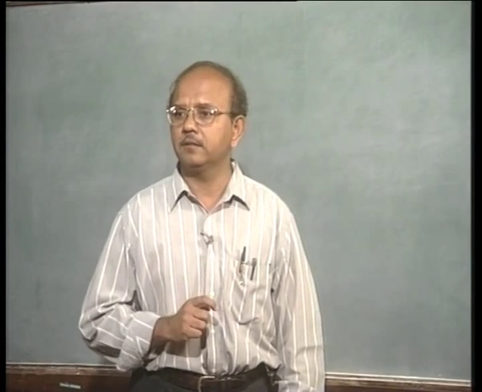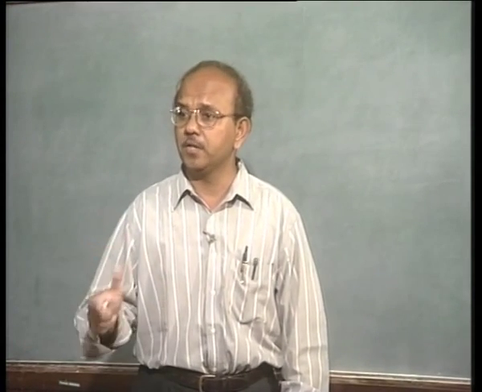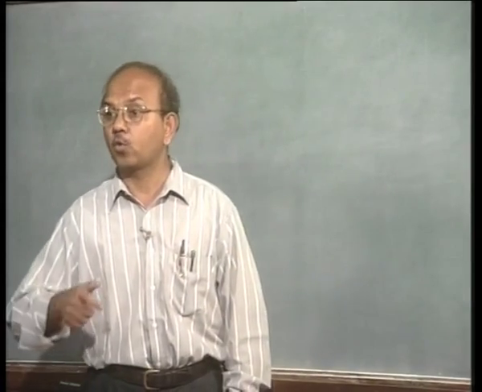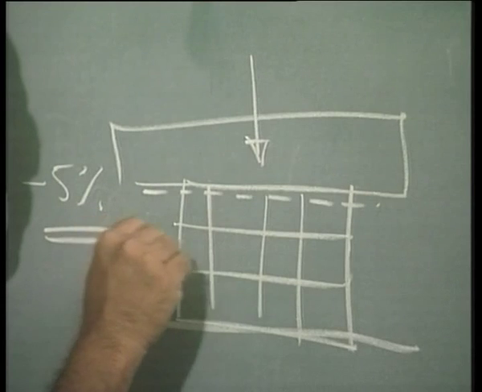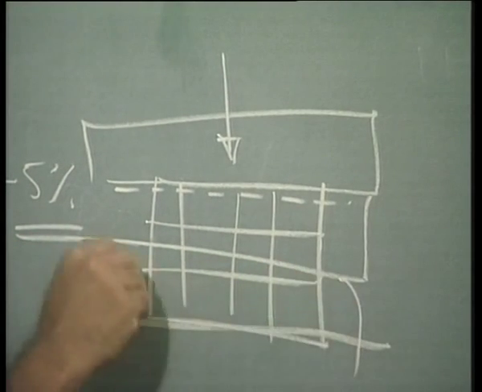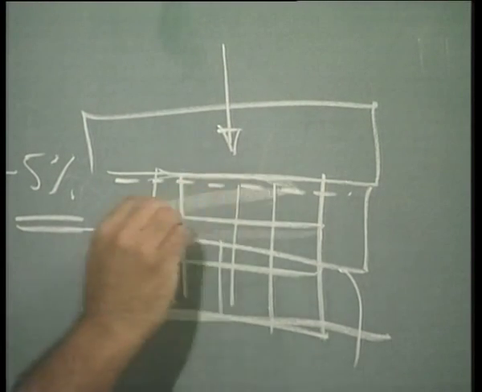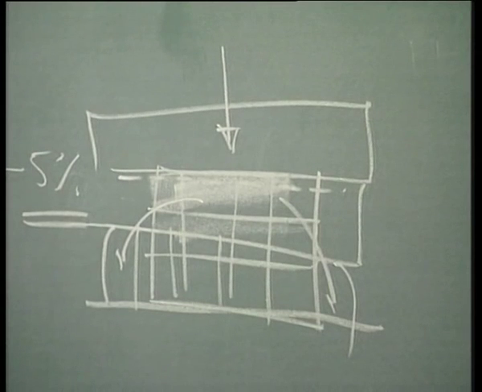On the other hand, the original mesh and the final mesh are quite different. For example, I move this platen to this position, and the new mesh now will become something like this. All these elements which are here have to now flow here and the mesh will be totally distorted.